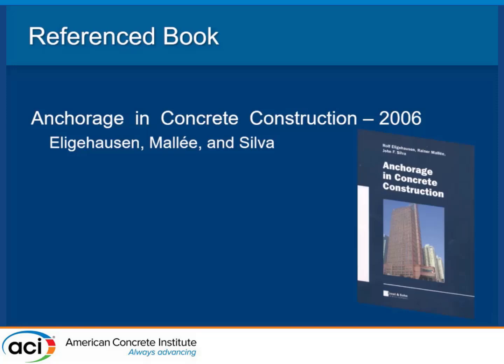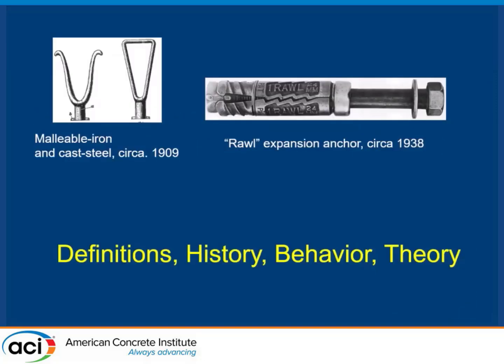This is John Silva, Rolf Eligehausen, and one of his students, I believe. He's now much past that. It's a long time ago. But anyways, those people, this document right here will kind of fill in the rest of the cracks. So I highly recommend that if you get into it that much. But we're not going to do that today, okay?